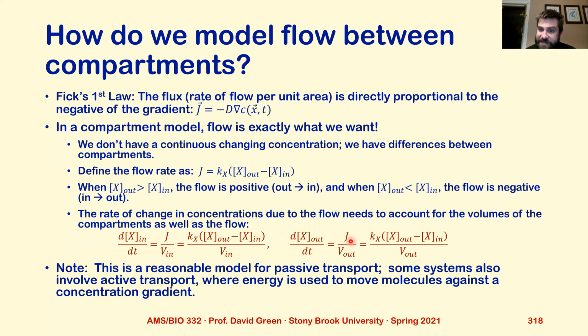It has the same base flow, but it's normalized, adjusted by a different volume, the volume of the outer compartment. Right? So same numerator, but a different volume in the denominator. All right. So we have these equations that describe the rate of change of concentration due to flow between compartments.